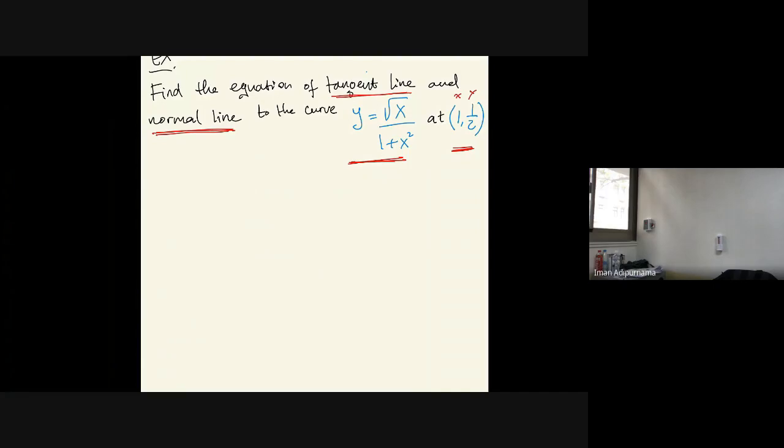So you have the curve y equals square root of x over 1 plus x squared. What you need to find is, at every point of the curve, your tangent line can be changing, right? But the question is asking at point 1.5, you need to discover the tangent line, meaning you need to find the linear equation of that tangent line.